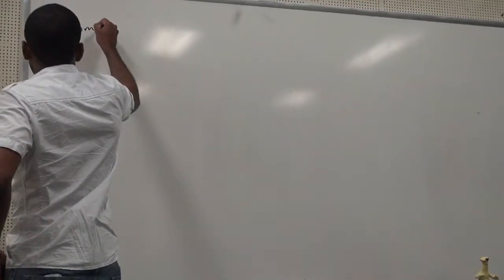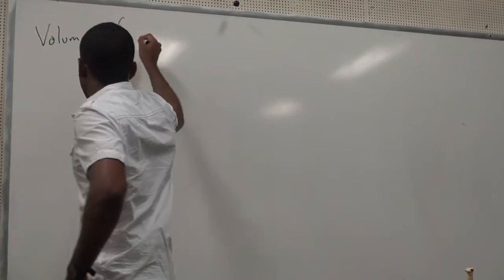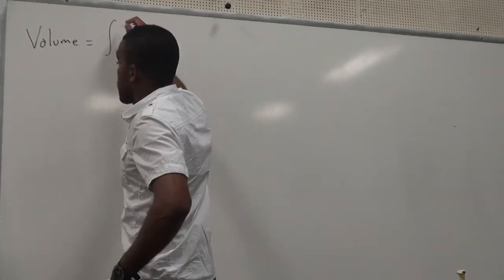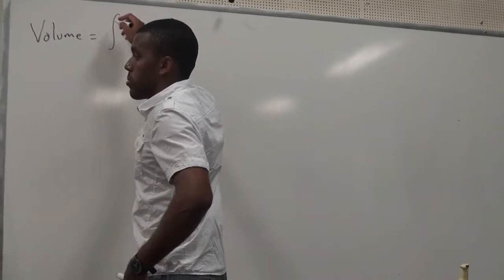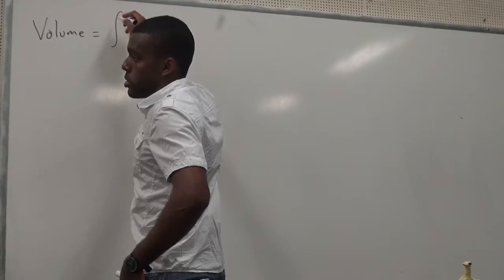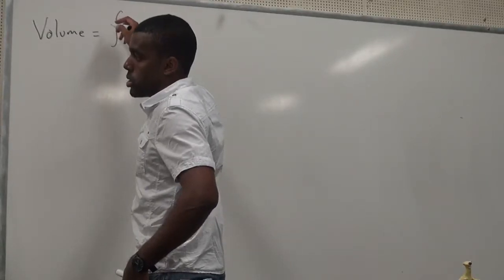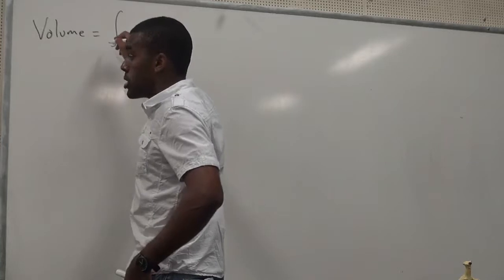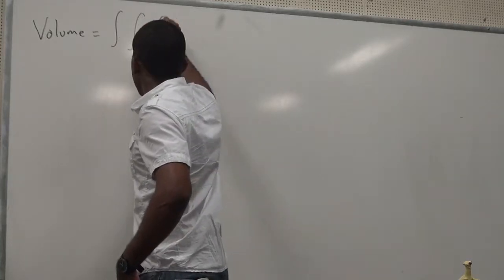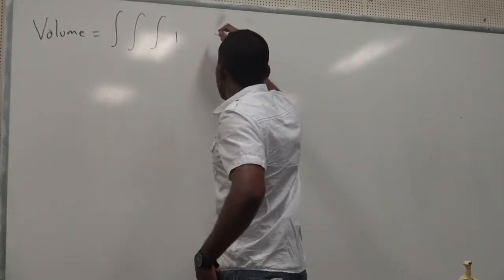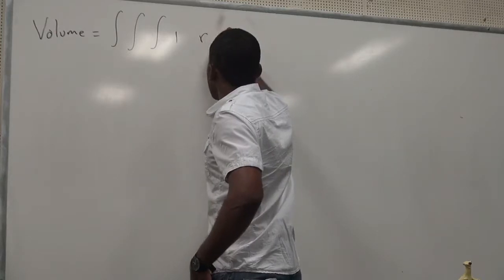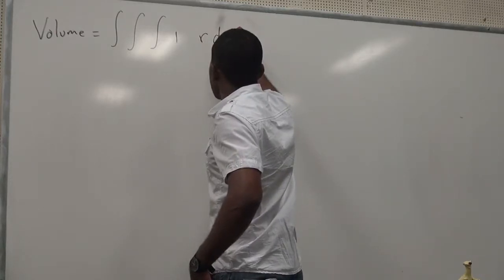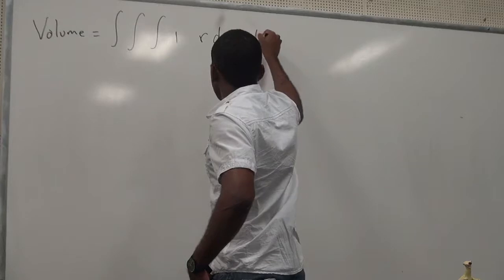So then I can have the volume equal to... I can even switch to polar right away if I wanted to, which I think I'd probably do. So I want r dz dr d theta.